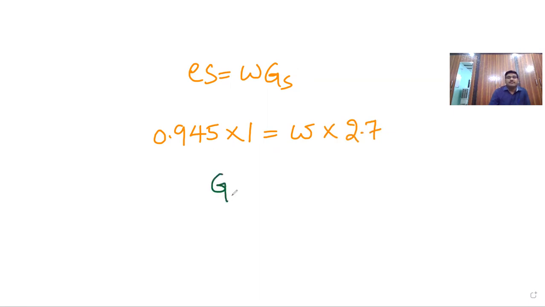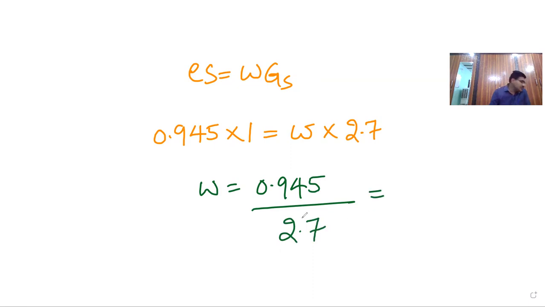Finally, after the simplification, that omega moisture content we want is 0.945 by 2.7, which is 0.35.